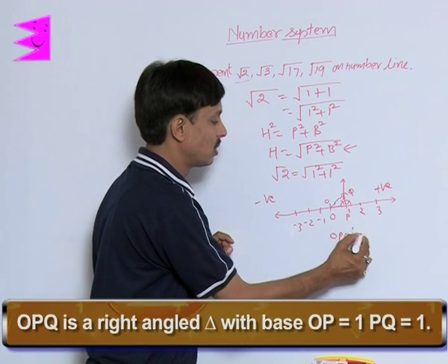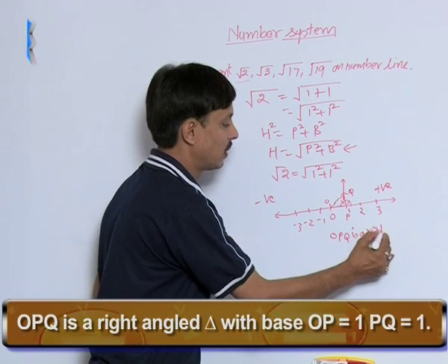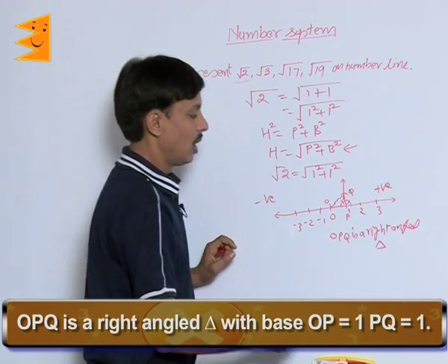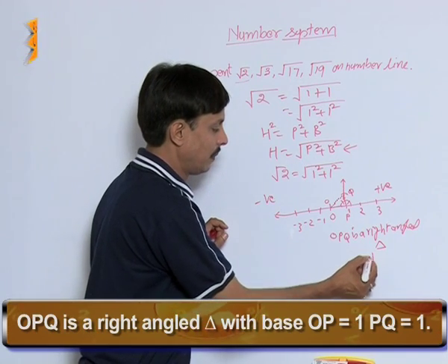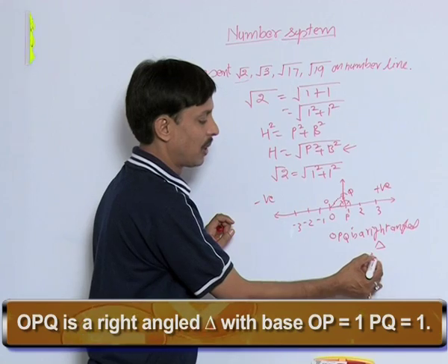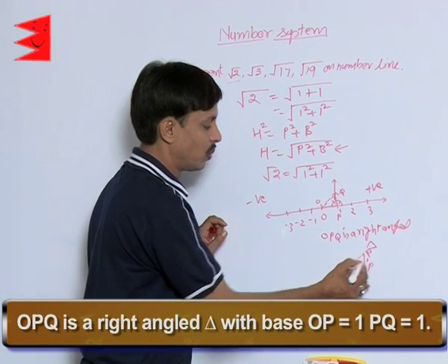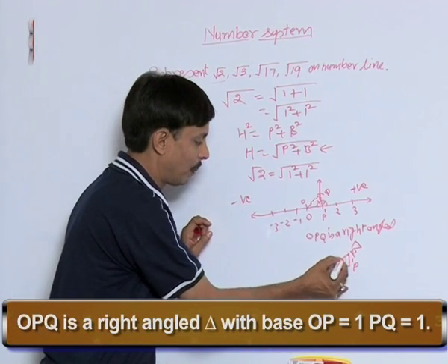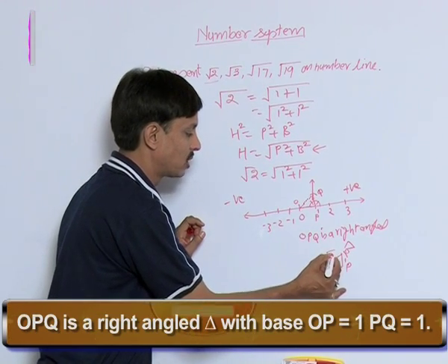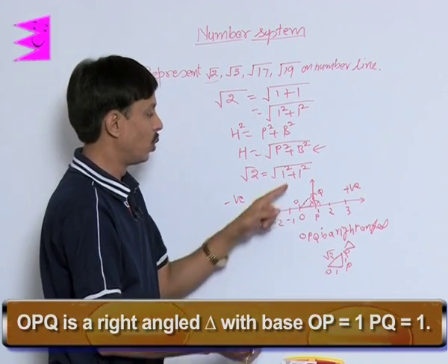Then what can you say? OPQ is a right angled triangle, with base OP as 1 and perpendicular PQ as 1. So with the help of the Pythagoras theorem, we can conclude its hypotenuse comes to root 2.